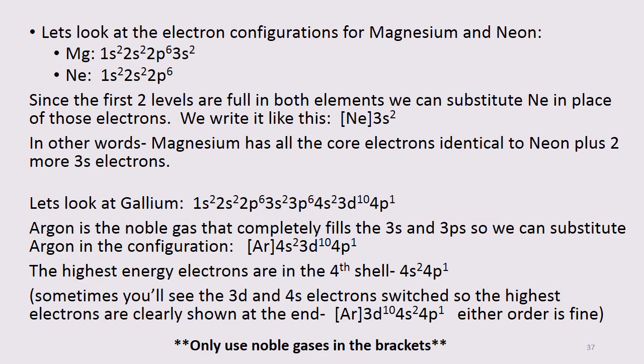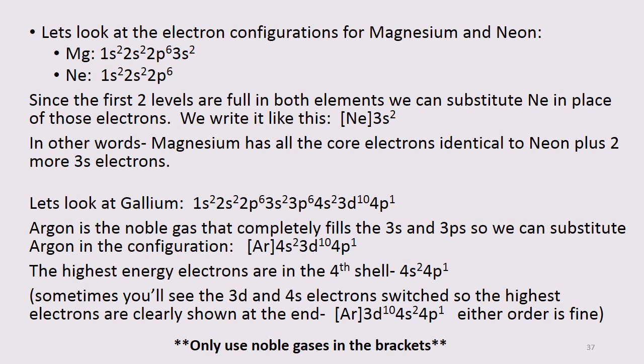If you want to, you can draw out argon, and you'll see that it ends in 3p6. Now, gallium is before krypton, and so we can't use krypton as our noble gas because we don't have enough electrons to get there. Also notice the highest energy electrons in gallium are the 4s2, 4p1.